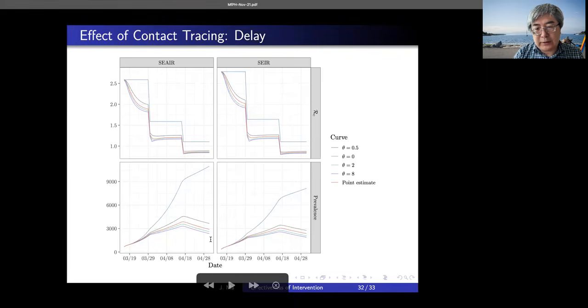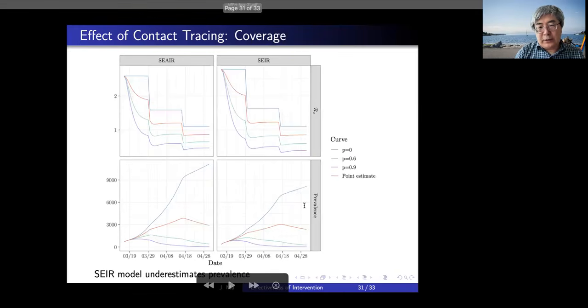It becomes higher, but not too high. But then if we make it half of a day or even just 3 hours, it makes no big difference. And this is probably because the incubation period for COVID is quite long, so that makes the results less sensitive to the delay.